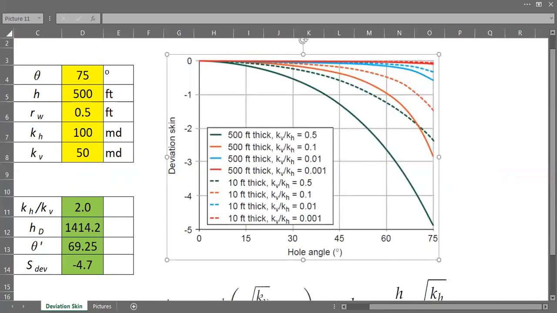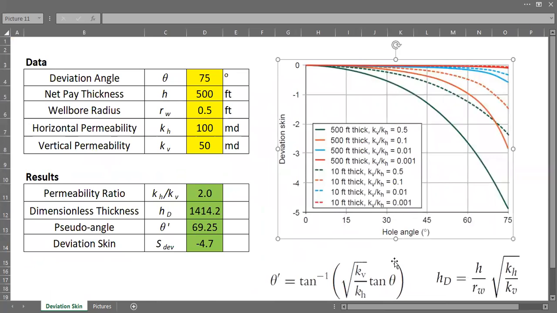Okay, and we can try another number. For example, here. Okay, so the same line, but with hole angle of 30 degrees, go up. The deviation skin is around minus 0.5. So let's change it to 30 degrees and right, minus 0.5.